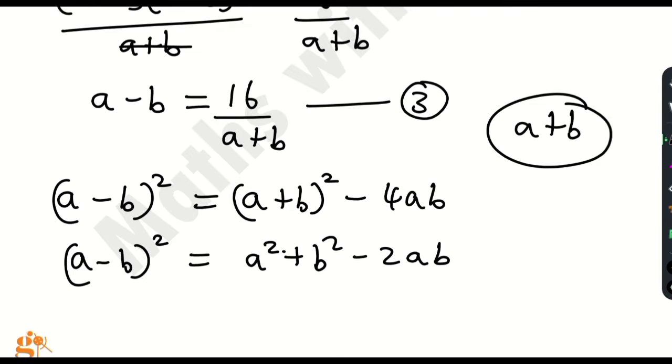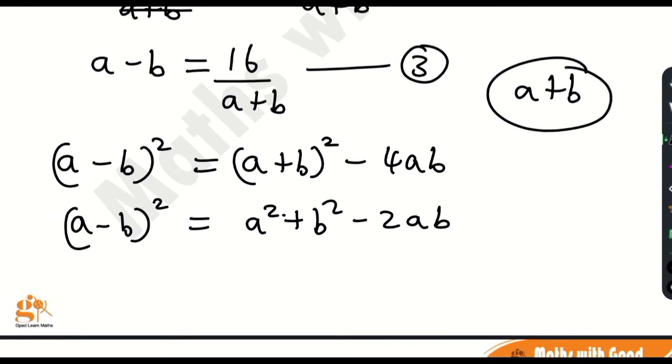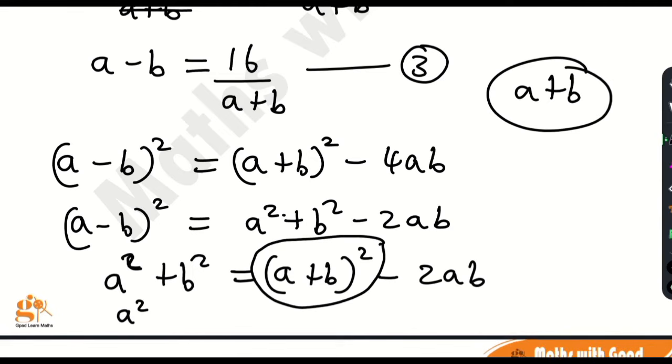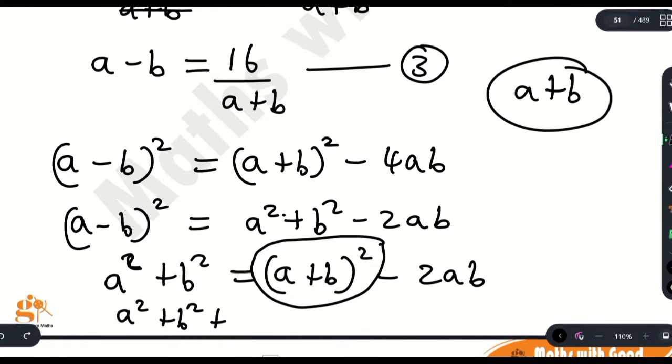I want you to know that a squared plus b squared is equal to a plus b all squared minus 2ab. Yes, it is. Let me make this easy for you.